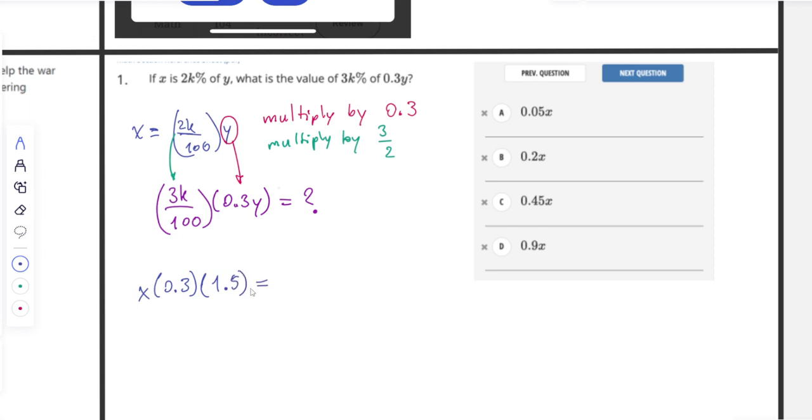And 0.3 times 1.5 should be 0.45. So when we apply these changes, our x turns into 0.45x. So it looks like it should be answer choice C.